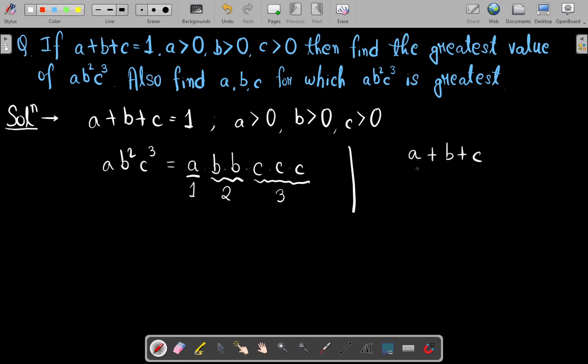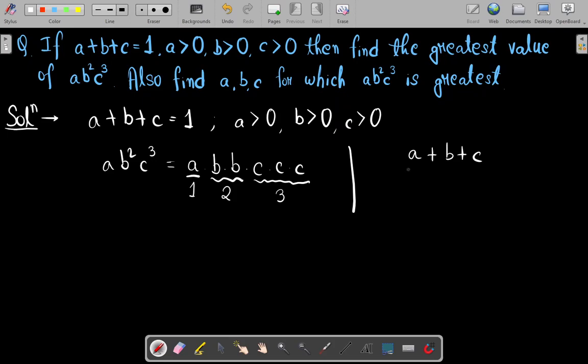We have to find if we split the terms in such a manner that it gives us this product a b square c cube when we multiply, then we can use this condition while trying to find the greatest value.